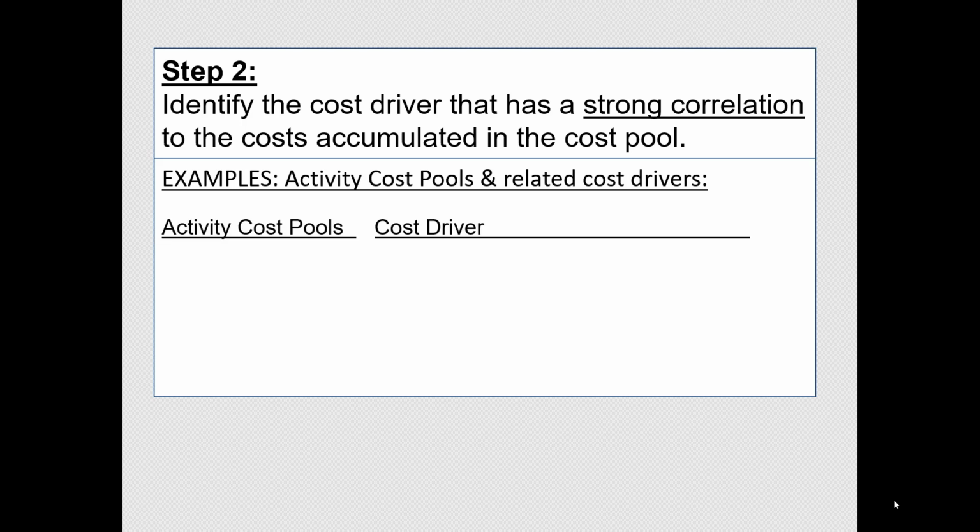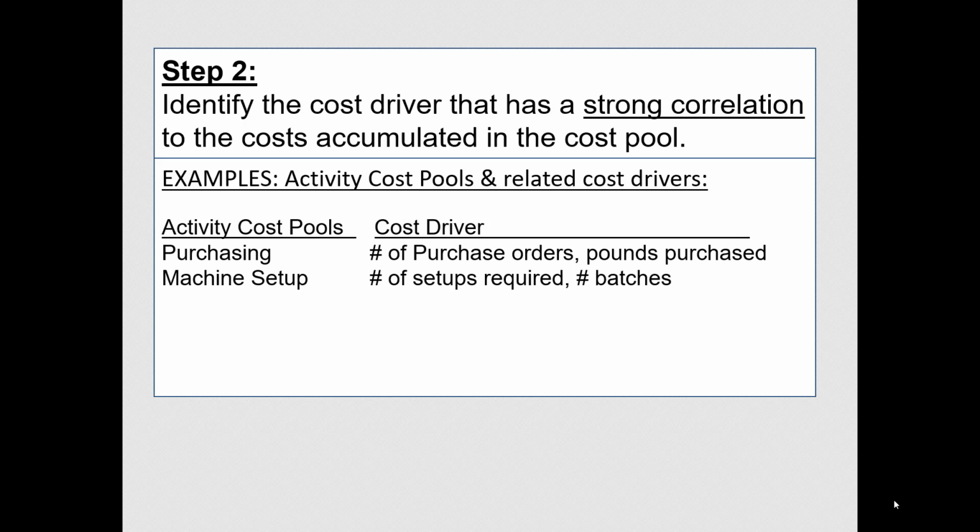So you might decide that we have purchasing costs, and you could allocate that based on number of purchase orders or pounds purchased. Machine setup could be number of setups required if you want to keep track of how many setups you have performed, or number of batches. That would be an easy way if you have to set up your machines between each batch. Processing could be based on machine hours, or labor dollars.